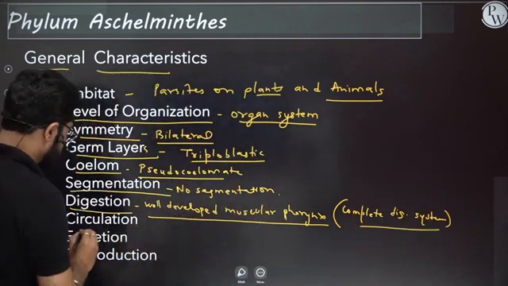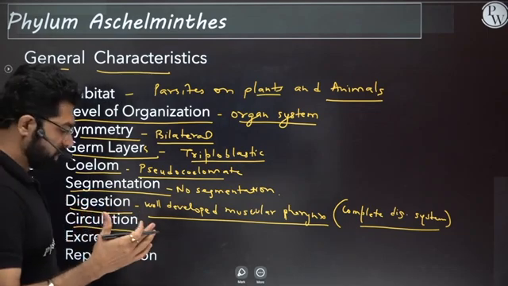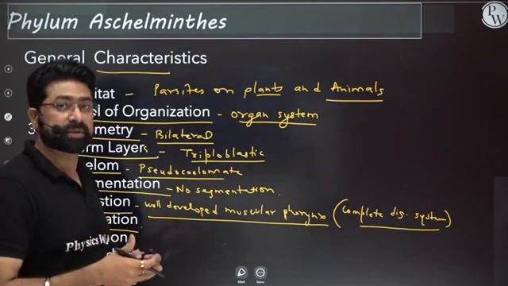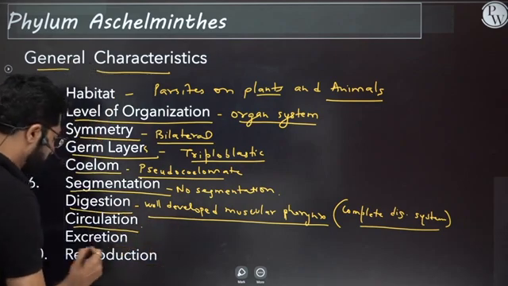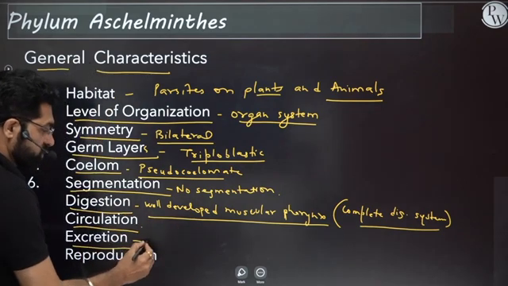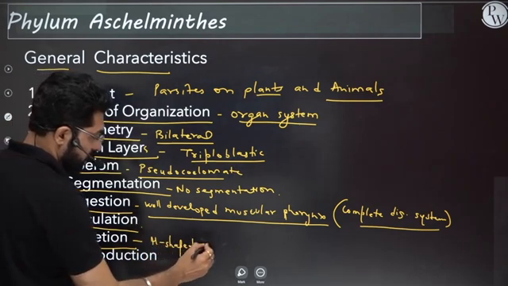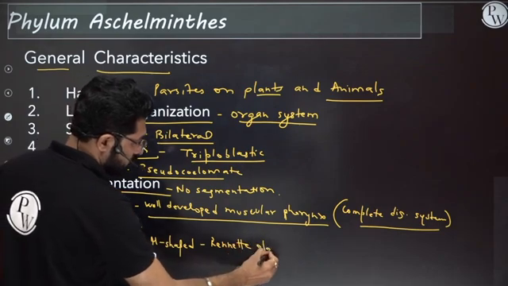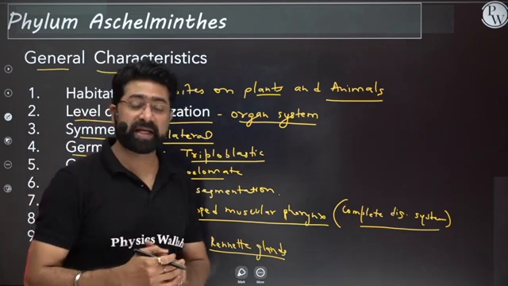Circulation. They don't have any special circulatory system, but yes, they have pseudocoelomic fluid which helps in the passing of the digested content. Excretion is by H-shaped renette glands, and the product comes out of the body by the excretory pore.